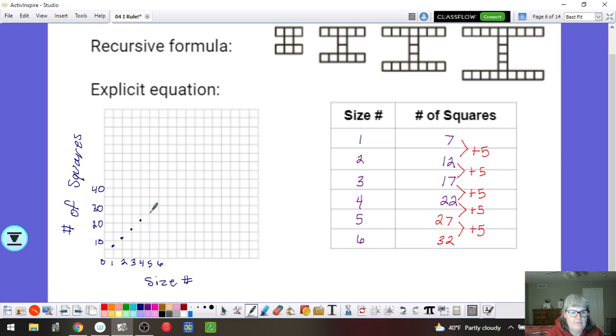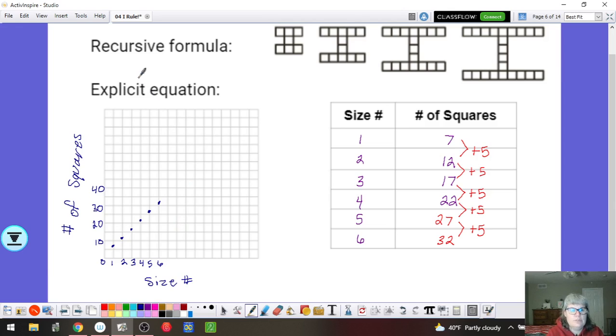Size 5 is 27. Size 6 is 32. These points appear to lie on a line, or a line could be drawn through them. So we have this first difference is constant, we have the points showing up in a line. Those two things themselves will tell me that I have a linear function, a linear pattern.